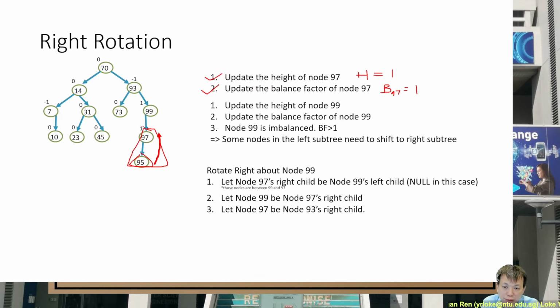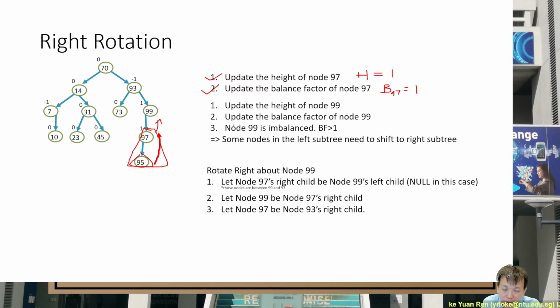So it's updated. After this update, it still fulfills the balanced binary search tree, the AVL tree. No problem. The problem is at 99.